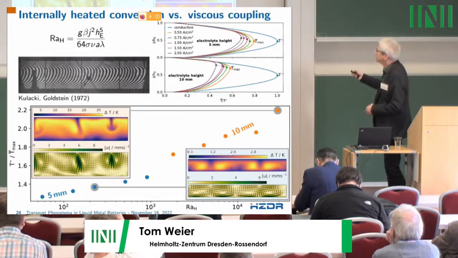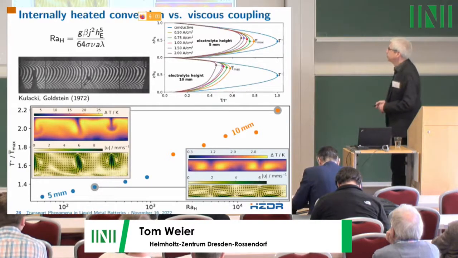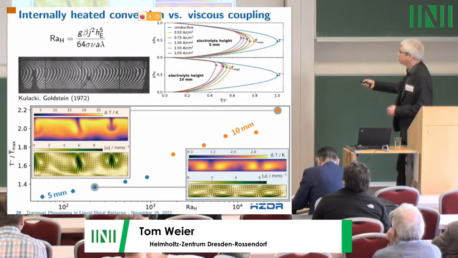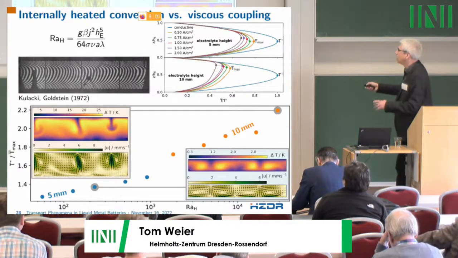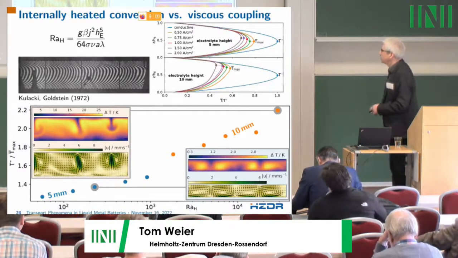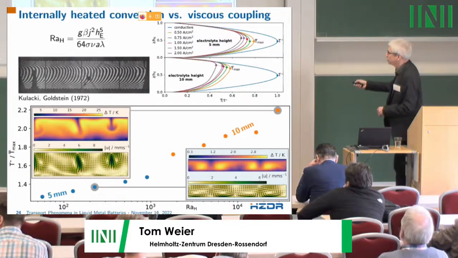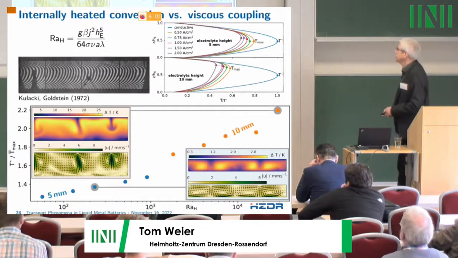For thicker electrolytes, internal convection becomes dominant, and we see this signature of penetrative convection, so basically a stable layer on the lower half and an unstable layer on the upper half, and the location of the maximum velocities switches to the upper half of the electrolyte.